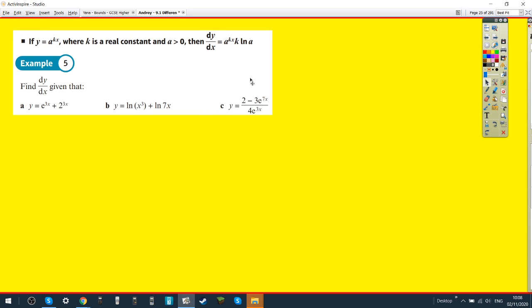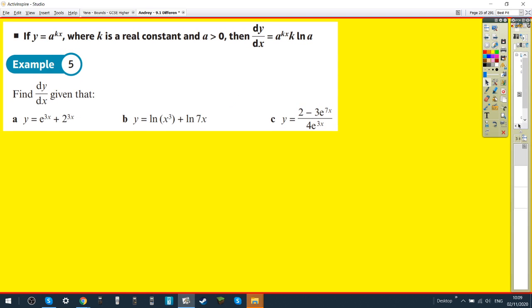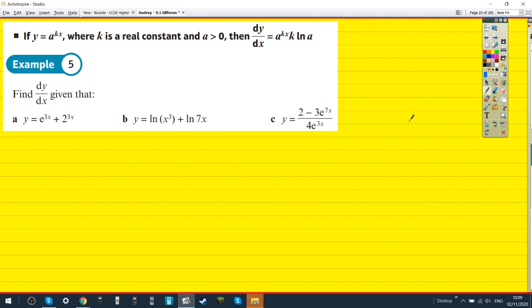Okay, let's try these. Do I need to change 2 to the 3x to e to the ln 2 to the 3x? Because we've proven it, we can just use the formula.